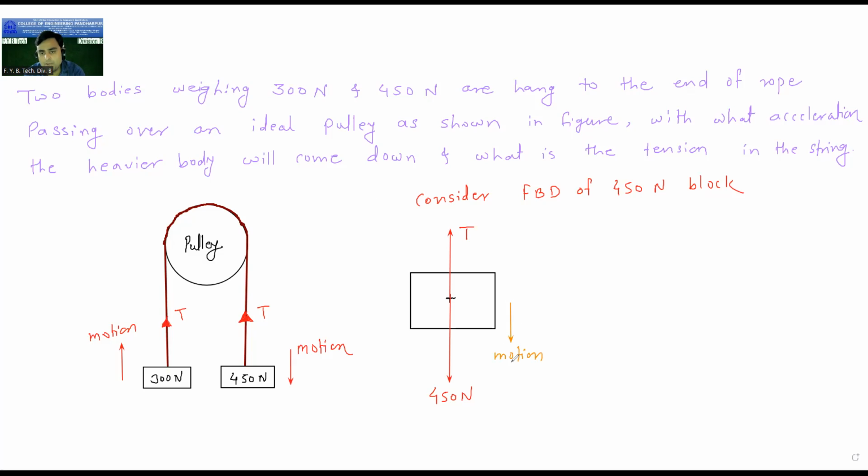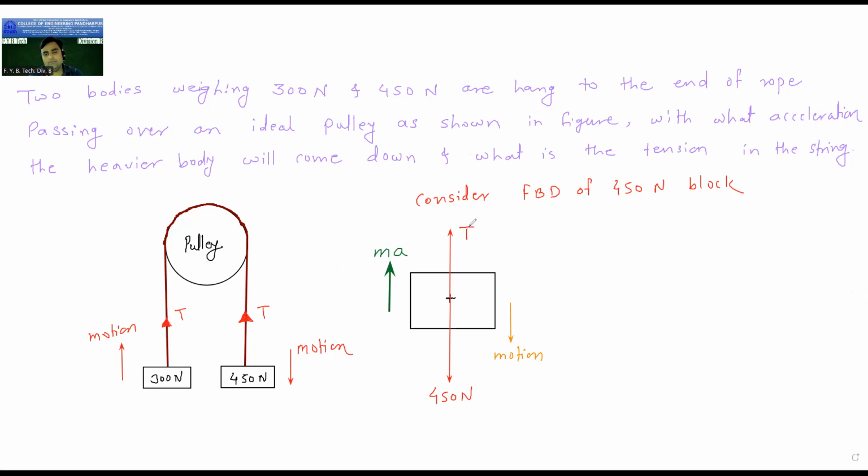This body will come down. If the motion is downward, then what is the direction of the inertia force? Inertia force will be in the opposite direction to the motion. So this is the direction of the inertia force, MA.